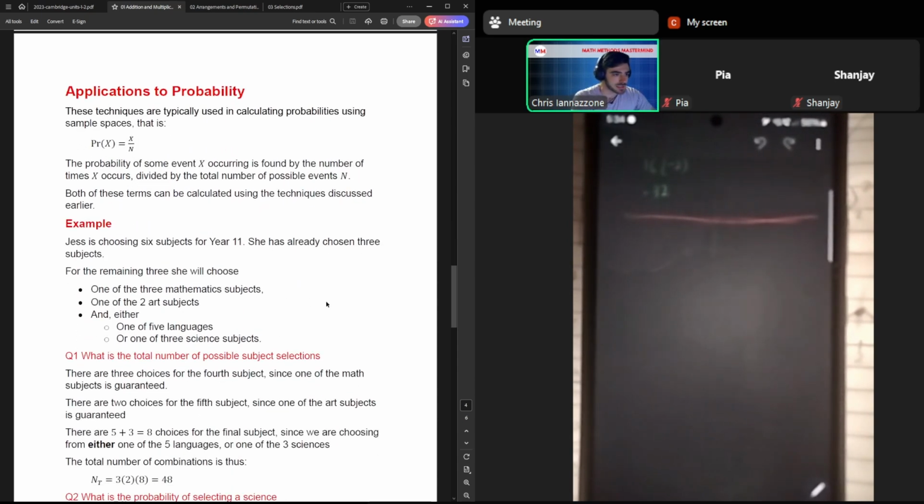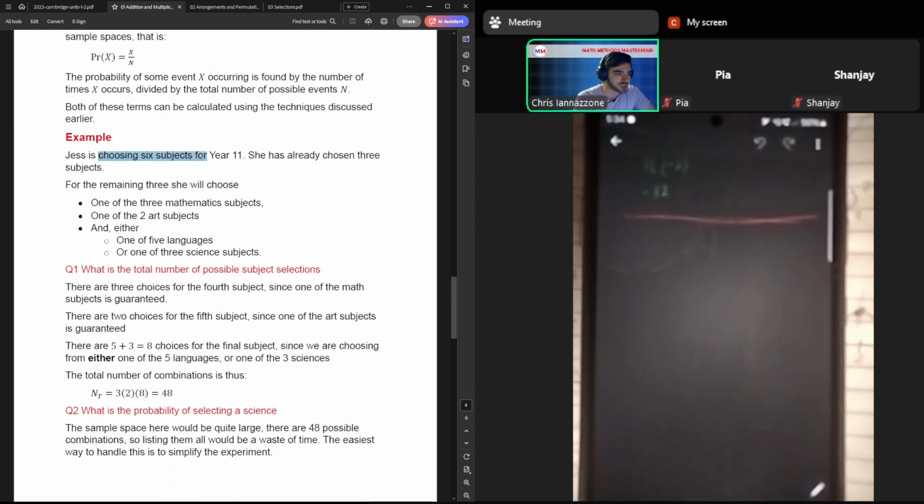As far as its applications for probability, it can help you find n, and it can help you find x. So depending on what you're actually trying to solve for, it'll help for both of those. In this case, we have an example of Jess choosing 6 subjects. Already 3 have been chosen. For the remaining 3, we've got the following possibilities: 1 of 3 maths, 1 of 2 arts, and either 1 of the 5 languages or 1 of the 3 sciences.